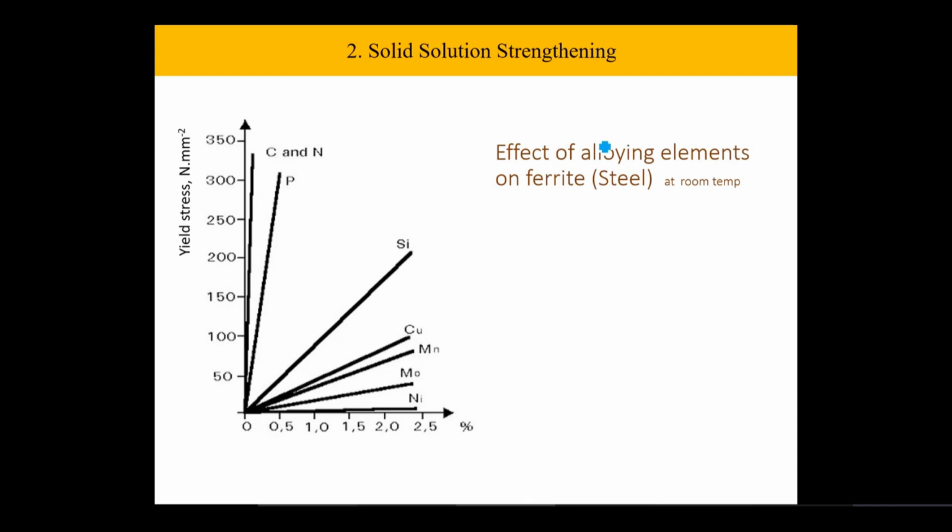Just to give you an example, effect of alloying elements on steel at room temperature. Forget ferrite at the moment, just think you're talking about steel. So carbon and nitrogen or phosphorus, which form interstitial solid solution, only a small amount of them create a large improvement in yield strength, whereas copper, manganese, molybdenum, nickel, which form substitutional solid solution, large amount of these create lesser effect on yield strength.